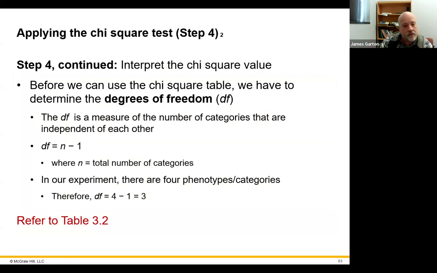Now you have to determine what they call degrees of freedom. The degrees of freedom is a measure of categories that are independent. And in this case, the degrees of freedom is going to be 3. Because in a dihybrid cross, there are 4 possible categories, and you have to penalize yourself because you did some manipulation of the data.